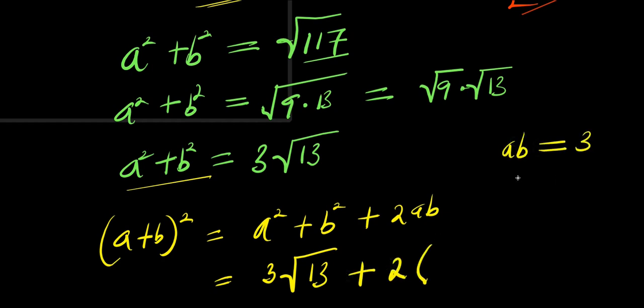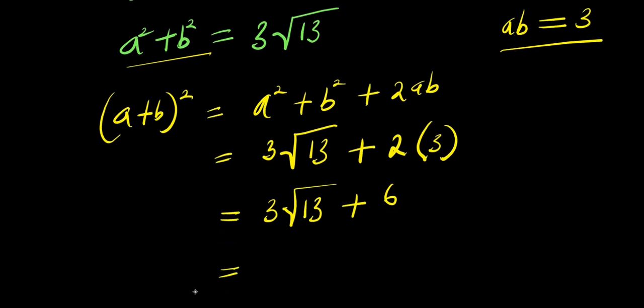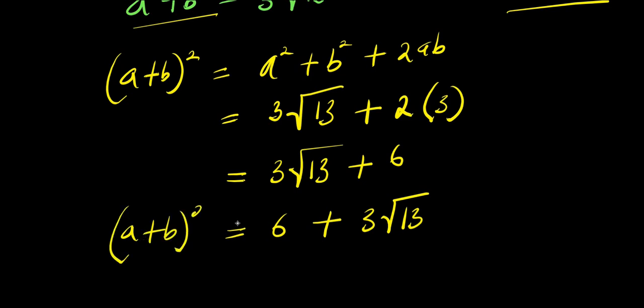Remember, ab equals 3. This equals 3 times root 13 plus 6. So if you rearrange this, you have 6 plus 3 times root 13. And that is a plus b to the power of 2.